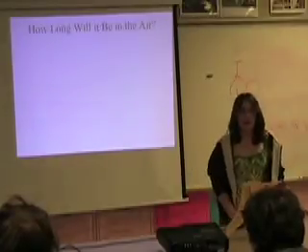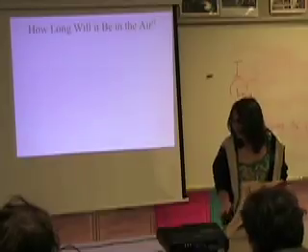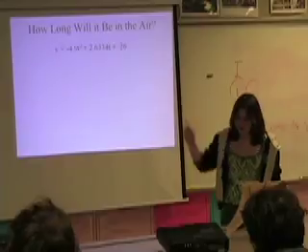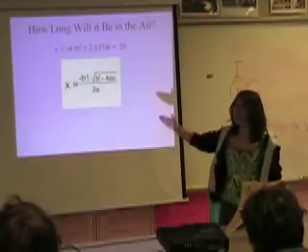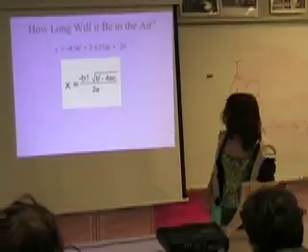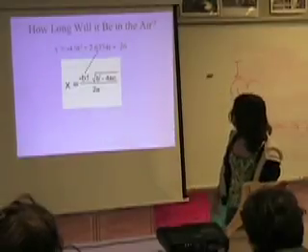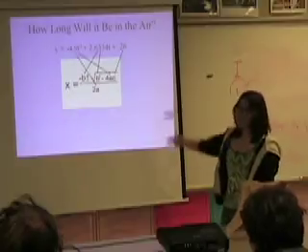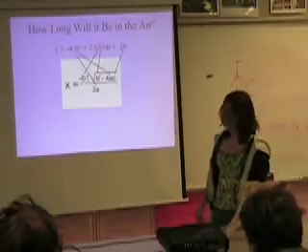Now we want to find out how long it'll be in the air, which means we want to solve the y equation for time. And if this looks familiar, it should, because we get to use this lovely equation now, which is when it comes in handy. And we just have to plug in all our simple numbers. It's completely simple.